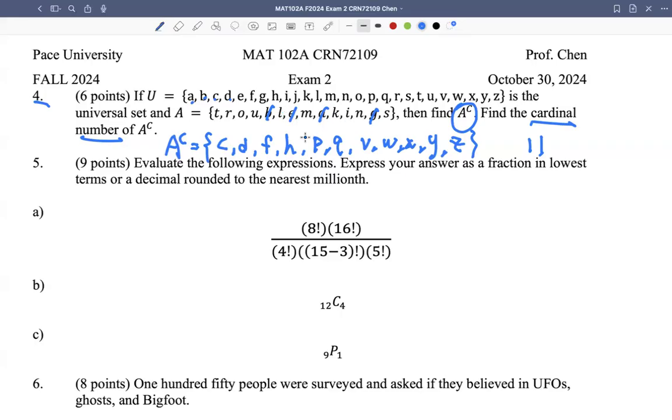J is not in A, so J should be in the complement. So the cardinal number of A complement is 12. Okay, it's very important to check our work. Right now, I have 14 elements in A and 12 elements in A complement. They do add up to 26 for the universal set, so I know I did it right for A complement.